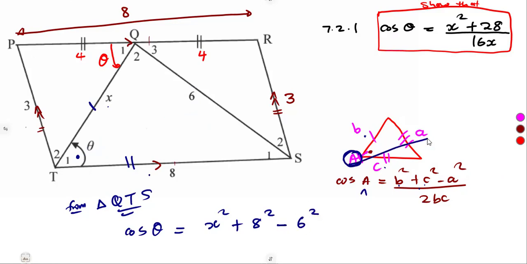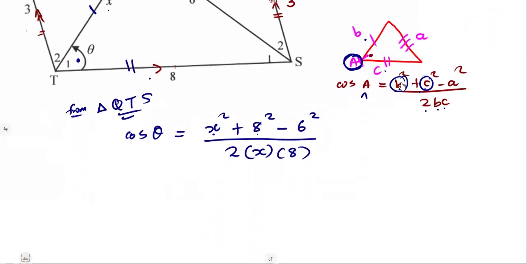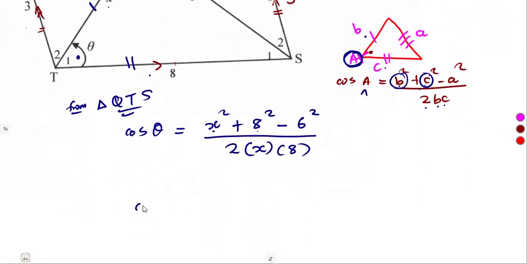This is the concept. B and C create the angle that you are working with, so this is over 2 times b times c. As we can see, it's a repetition of these two sides, so that is 2 times x times 8. Let's simplify this and see.